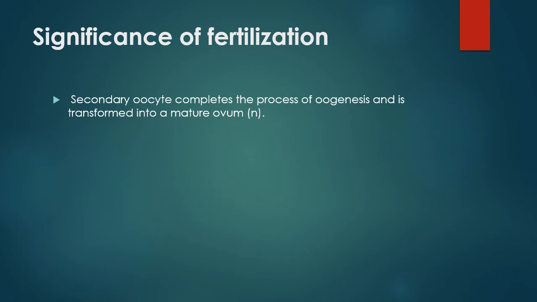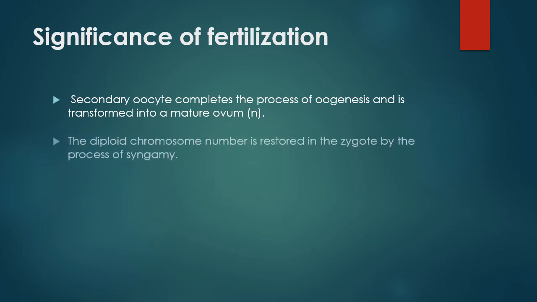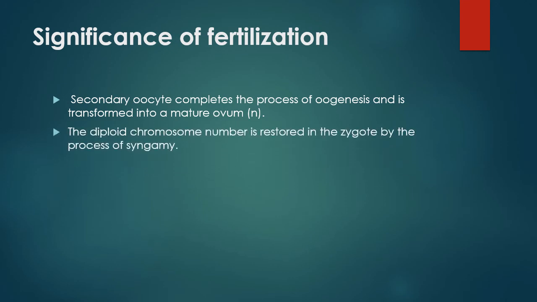Significance of fertilization. Secondary oocyte completes the process of oogenesis and is transformed into a mature ovum, N number. The diploid chromosome number is restored in the zygote by the process of syngamy.